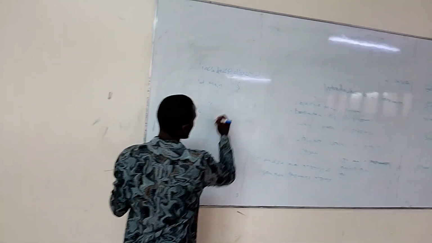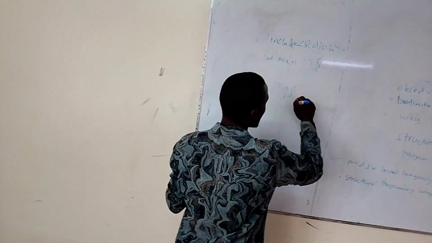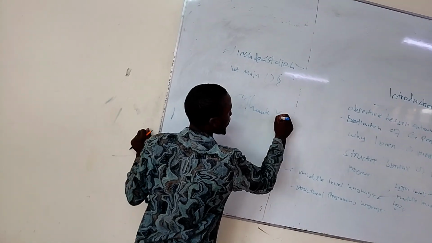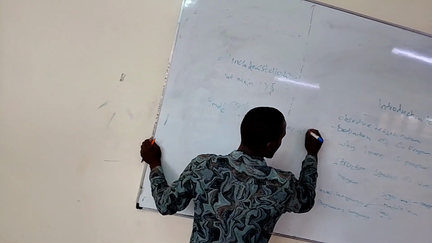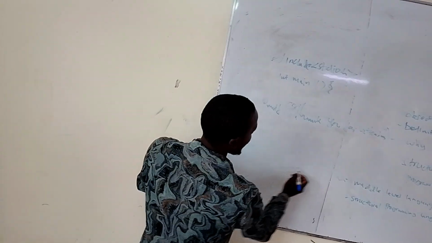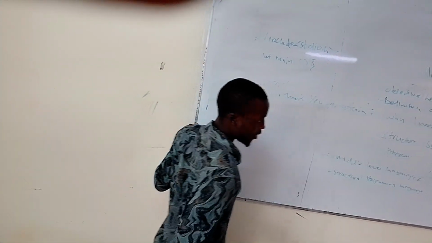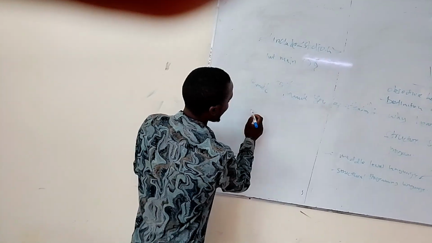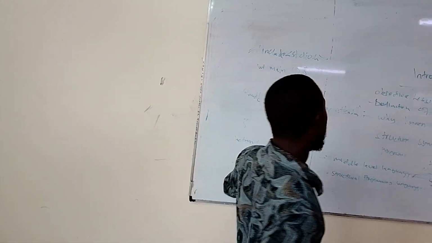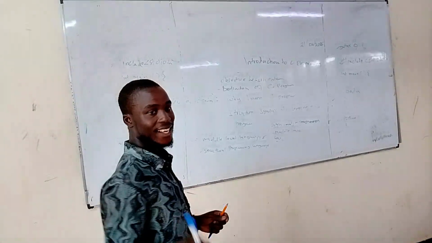Then we put the brackets, then we write here what we need our program to put on our screen. After a statement, we terminate it with the semicolon. Is it? Yes. And then we close here. Then we return 0. Return 0 tells our compiler that we have come to the end of our program and it returns null.